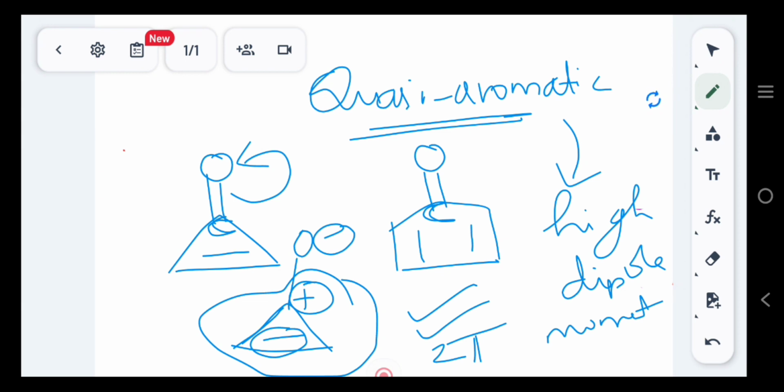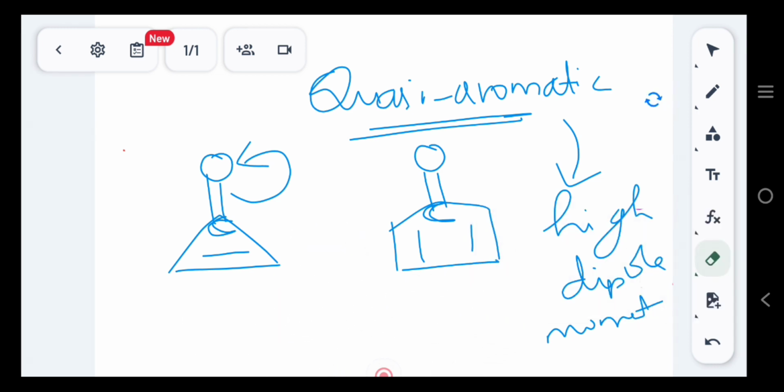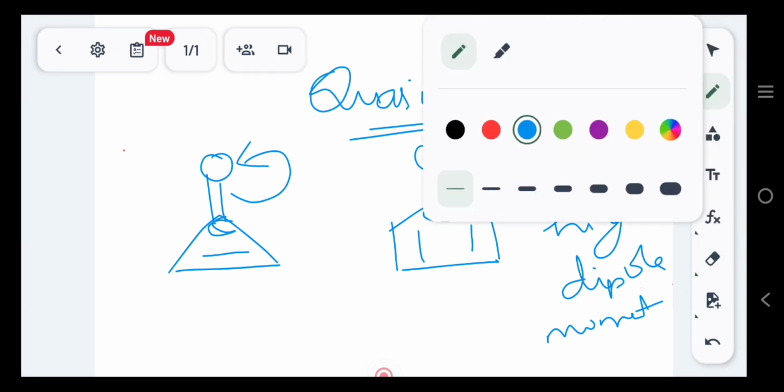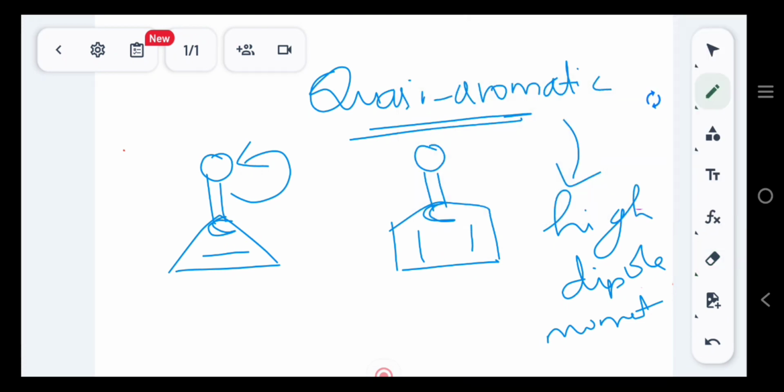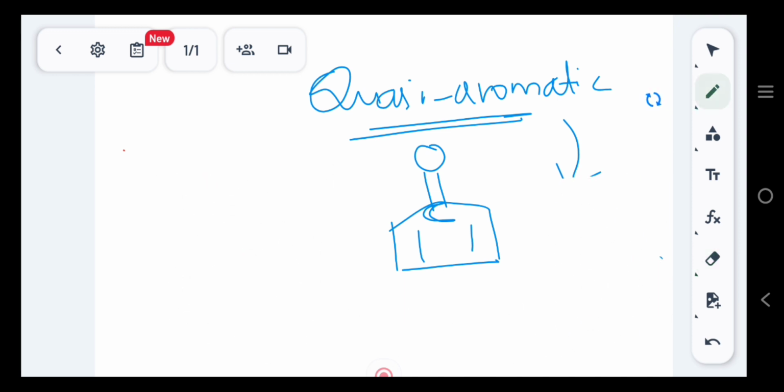Just shift the bond towards the most electronegative atom, so that you will get another structure. For that structure, you just see the aromatic nature. Similarly, just do this for the second compound. For the second compound, how will you break this bond?